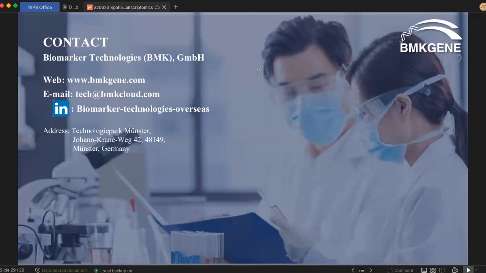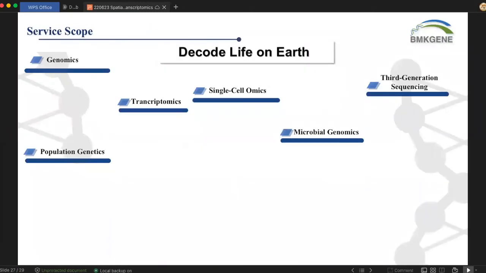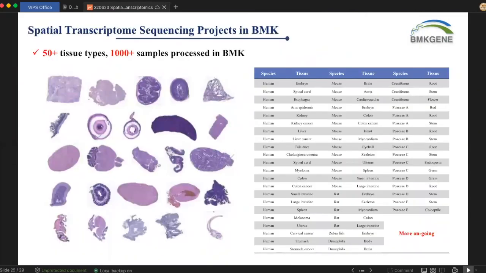We have also done stem and flower, some fresh roots, and germ and grain. These are the experiences that we have.